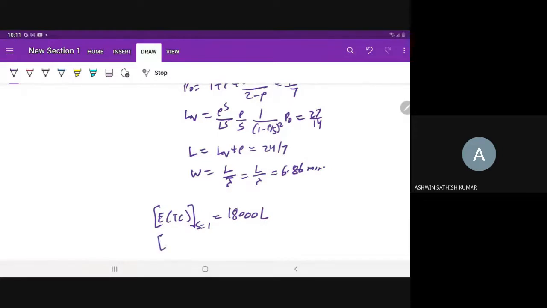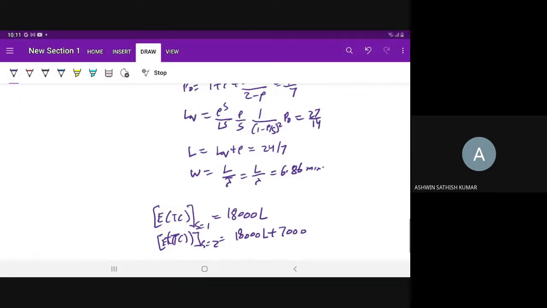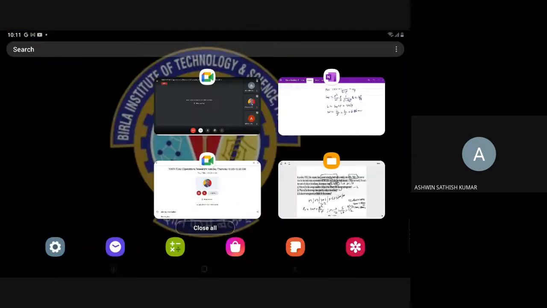But the expected total cost when S is equal to 2 will become 18,000 L plus 7,000. Clear? So now we have to check which arrangement is better.